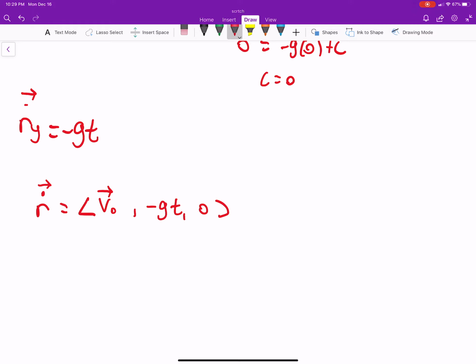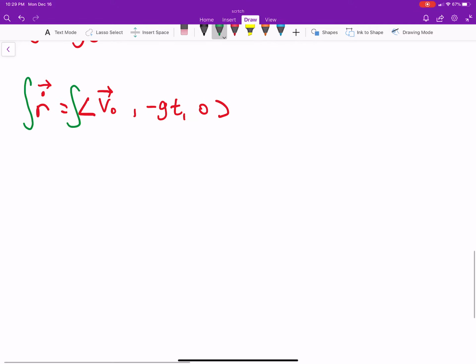I'm also being kind of loose with my arrows over vectors, but let's just go with it. Okay, well, we can follow a similar step here. R dot in the x direction is equal to v naught. And if we integrate it, we find that r in the x direction is just v naught t.